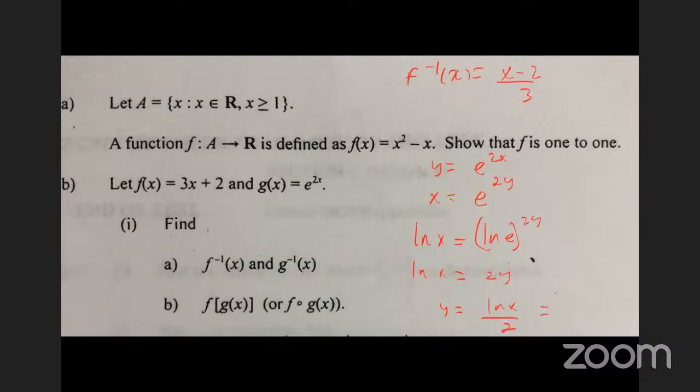Okay, or you can write it like this. A half ln x. Or if you want to look real smart, you can write it like this. Ln square root of x. So remember that? Power rule. Yeah?